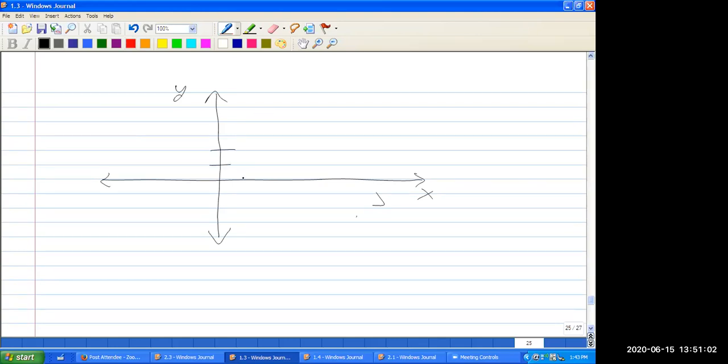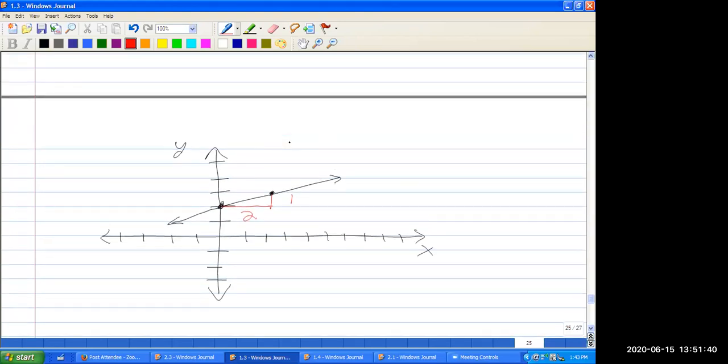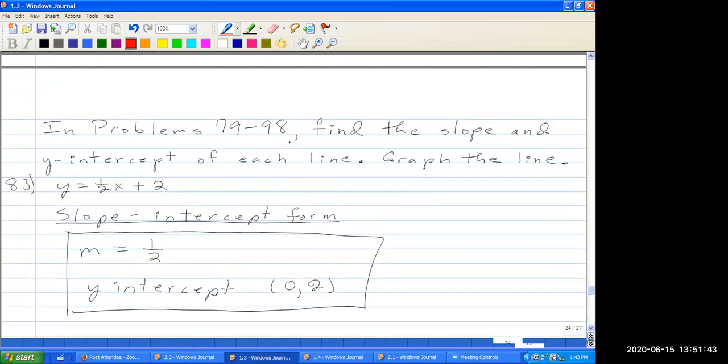I'll just write the rest of these tick marks so it looks nicer. So I'm here at (0, 2), the y-intercept. I have a run of 2 and a rise of 1. And that is what it should look like. And that's what it looks like.